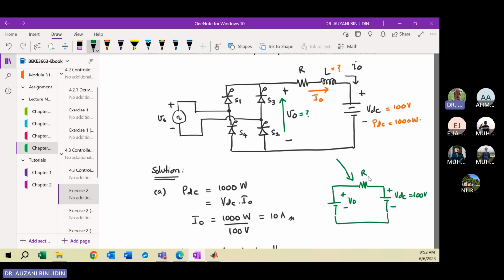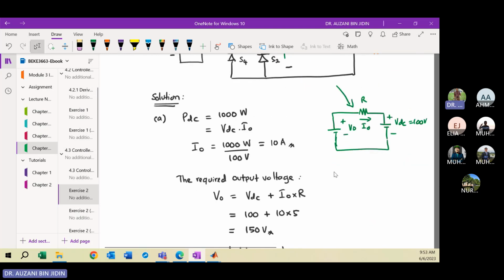So you have R and the calculated current, and you represent the output of the rectifier as the battery symbol VO. From here you can calculate VO using Kirchhoff voltage law. VO is the DC voltage 100 volt plus IO multiplied by R. Then you get 150 volt. The output voltage is positive.